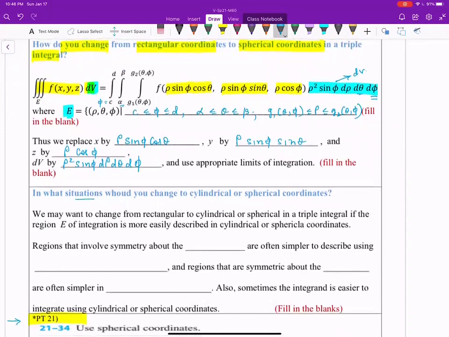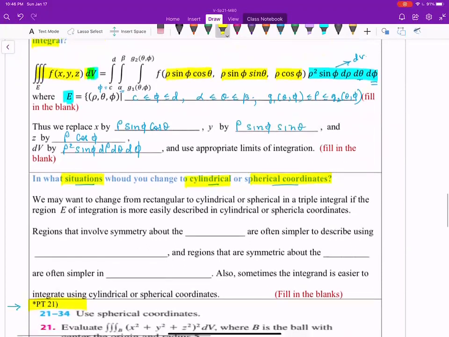In what situations would you change to cylindrical or spherical coordinates? What are the scenarios where you would apply cylindrical coordinates, and where would you apply spherical coordinates? We may want to change from rectangular to cylindrical or spherical in a triple integral if the region E of integration is more easily described in cylindrical or spherical coordinates.